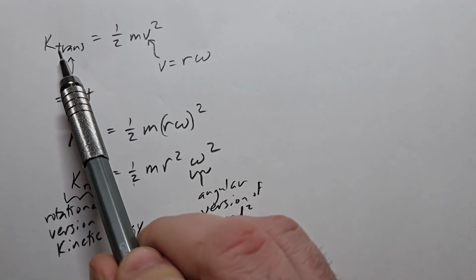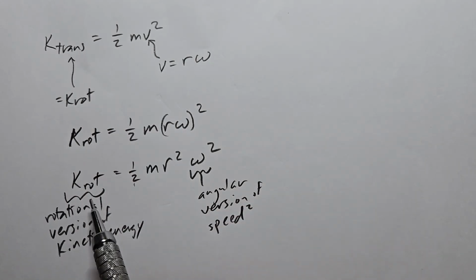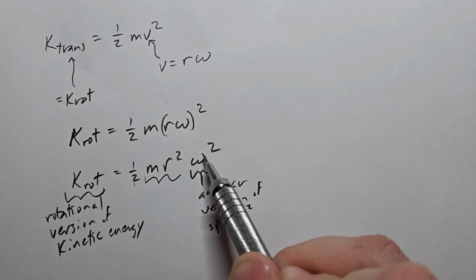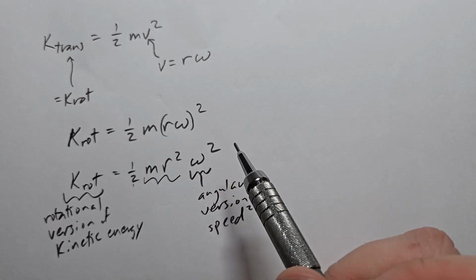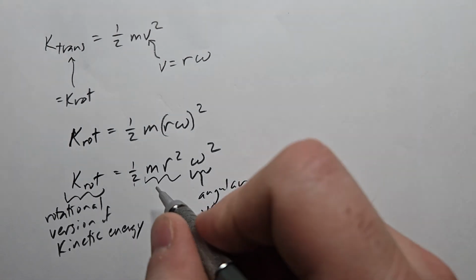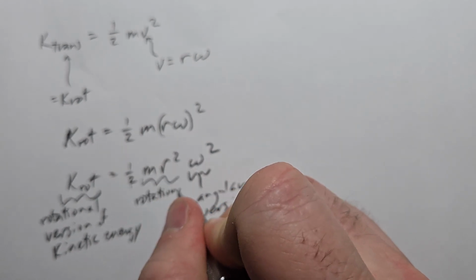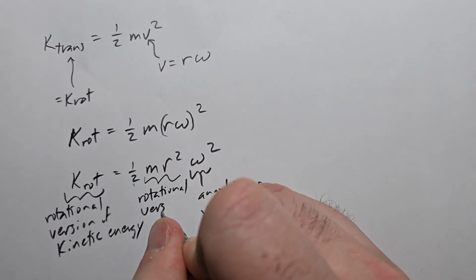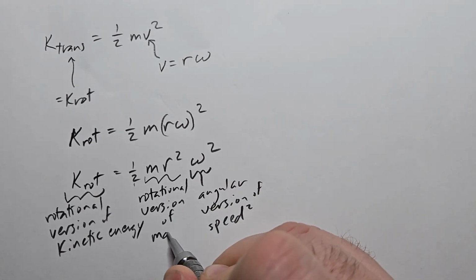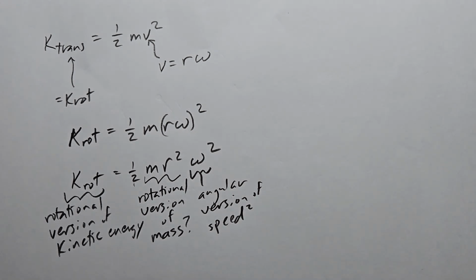That must mean that if linear kinetic energy is 1/2 mv squared, and rotational kinetic energy is 1/2 times whatever this is, times angular speed squared, then this quantity, this mr squared, that must be the rotational version of mass, because we know that the equations always follow the same form.